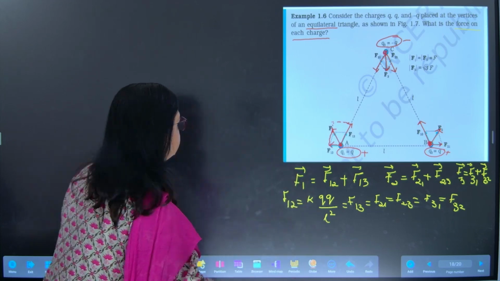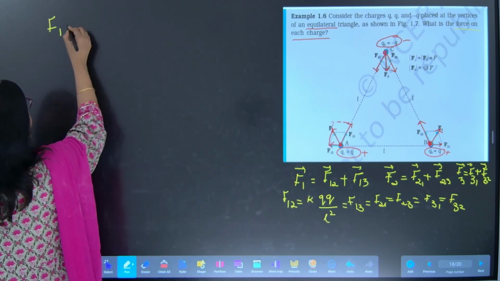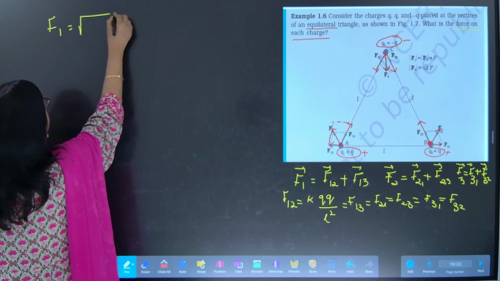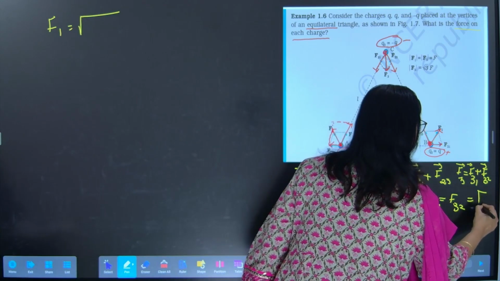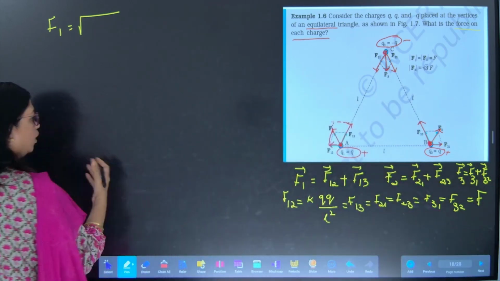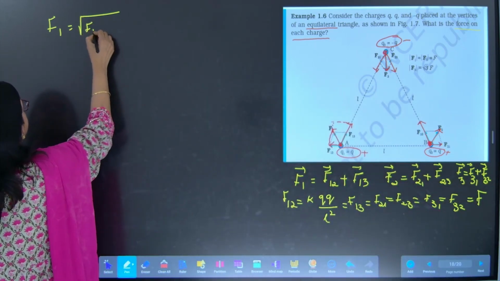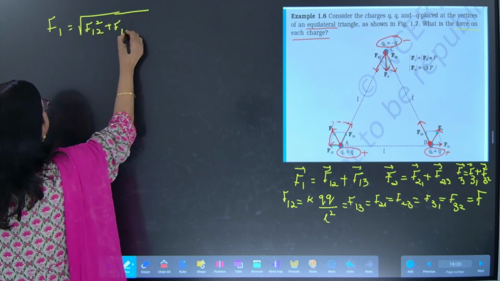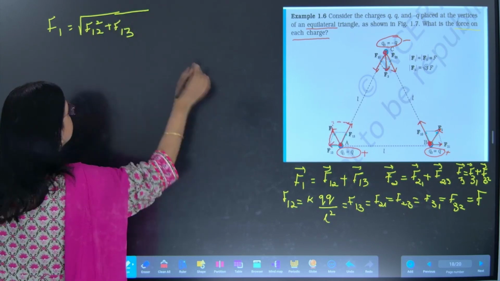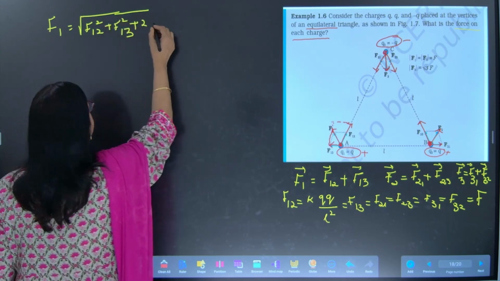Fine. So let us first find out F1, which is equal to root of F12 square plus F13 square plus 2 F12 F13 cos 120, as can be seen from the given vector addition.